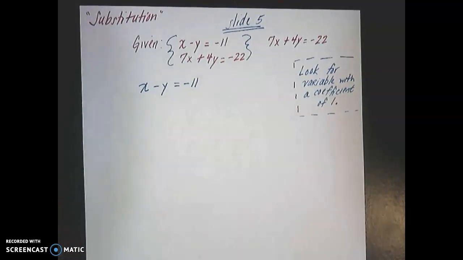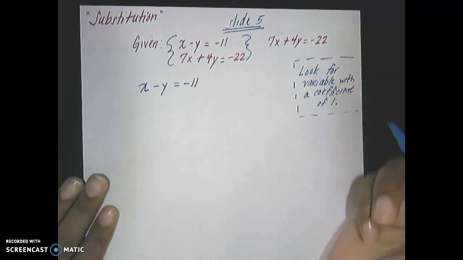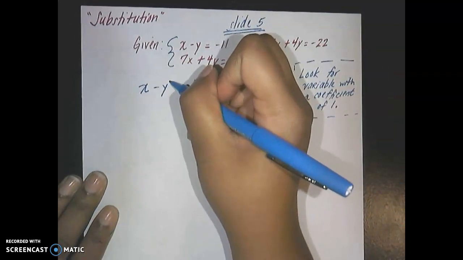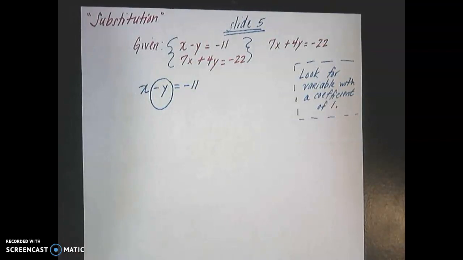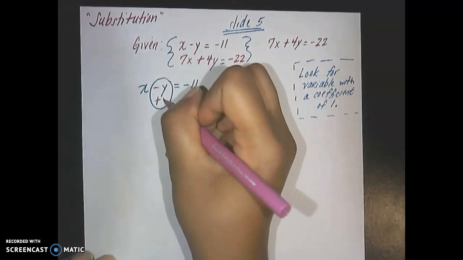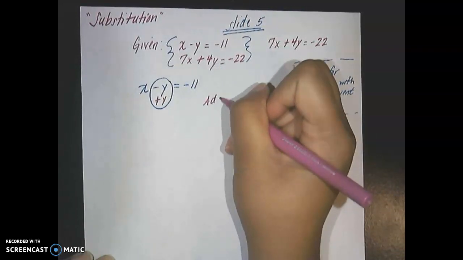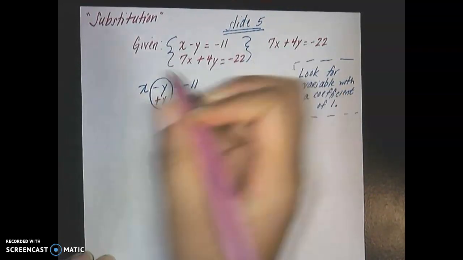What I want to do here is solve this for our one variable, which is x. So I want to get rid of this y. The only way to get rid of that y, because it's a minus y, is to add y on both sides.